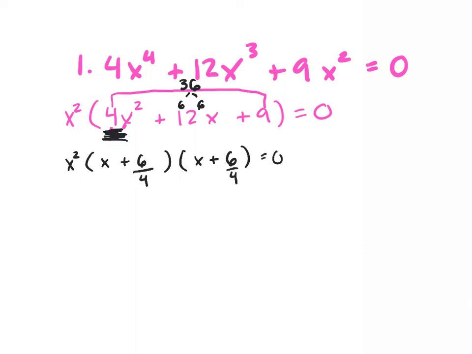Can we simplify this? Do 6 and 4 have anything in common? Awesome, it would be 3 over 2. When we can't simplify it any further, we take the 2 and move it out front. So we end up with 2x plus 3.